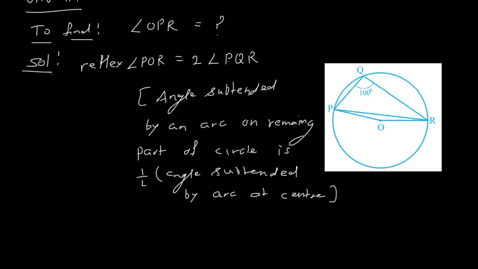So this angle is half, that means the angle at center is double. So this angle at center is double the angle there. Therefore your reflex angle POR will become 2 into 100 degree, equal to 200 degree.